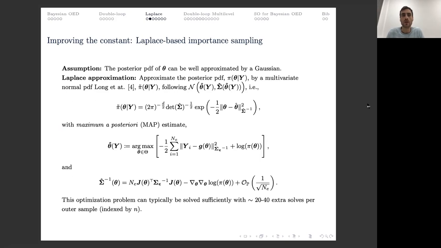We call it pi tilde, and pi tilde is Gaussian, and this can be a good approximation if the actual posterior can be well approximated by a Gaussian, of course. And theta hat here is the maximum a posteriori, and sigma hat is the covariance of this Laplace approximation, which is obtained using a Taylor expansion of the log likelihood.